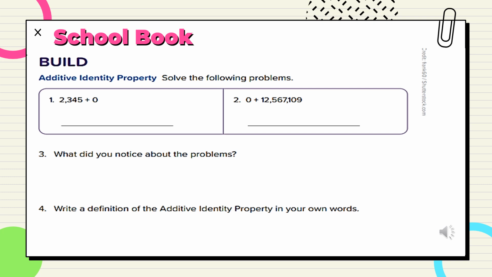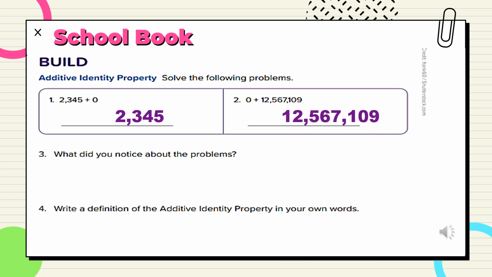From the school book, the first exercise here, the additive identity, solve the following problems. Number 1, if we have 2345 plus 0 equal the same number. Number 2, 0 plus 12,567,109 equal the same number.